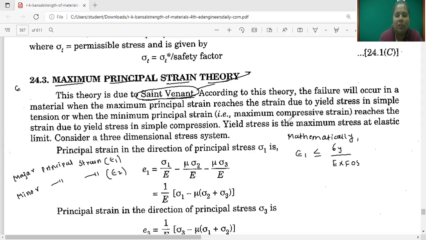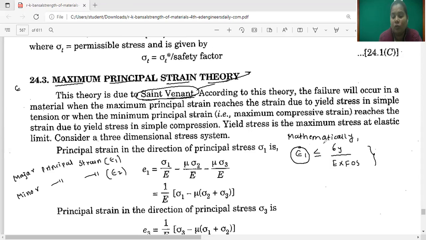So according to this theory, if the maximum principal strain reaches the yield strain, at that time failure will occur. Mathematically, epsilon 1, that is major principal strain, should be less than or equal to yield stress divided by E into factor of safety.